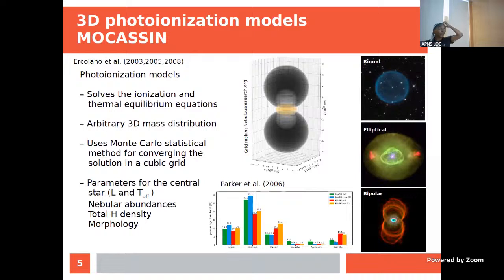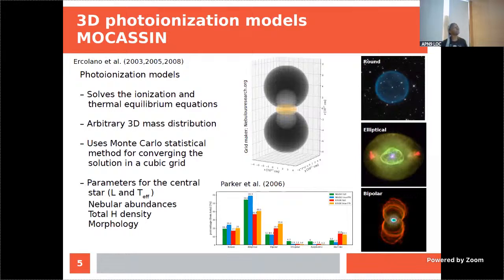So how do you do this work? You have a number of models, and for this, we were using MOCASSIN, a 3D photoionization code that deals with the thermal and ionization equilibrium of the gas, and it does this in a 3D fashion. So we have the distribution of mass here, the characteristics, the parameters, luminosity and effective temperature of the central star, and the nebular things: the density, the shape, so the morphology, density, and also the abundance.